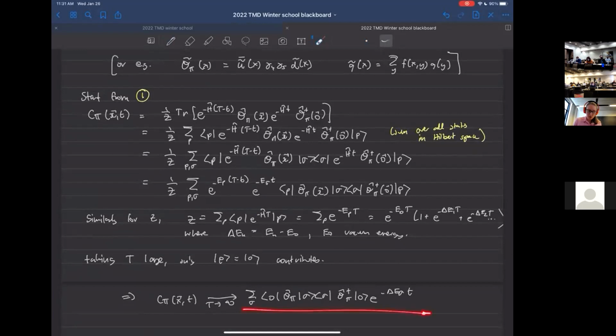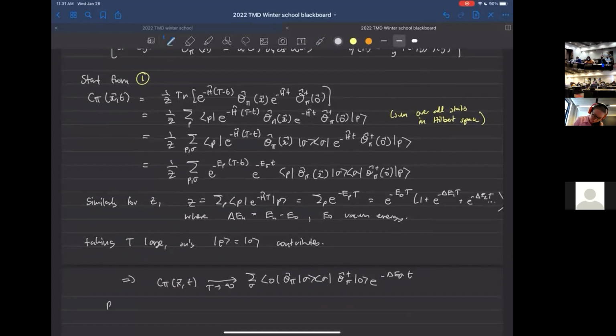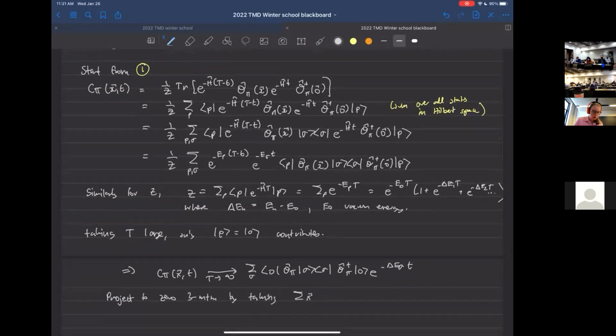Okay, so let's say we're only interested in states which have zero 3-momentum, just for convenience. We can do a Fourier projection, so do the Fourier transform from x to momentum here. That just looks like a sum over all positions x, which will give us the zero 3-momentum contribution.